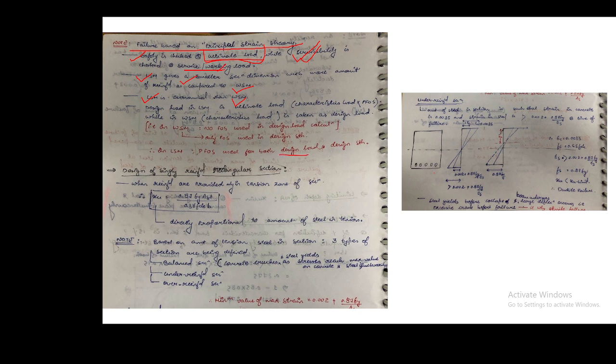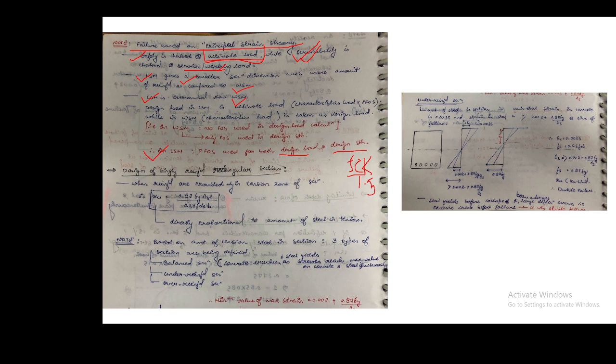As we see, for fck we are dividing by 1.5, and for the load combination we are multiplying the given load by 1.5, which is like the working load. So in LSM we use it both ways.